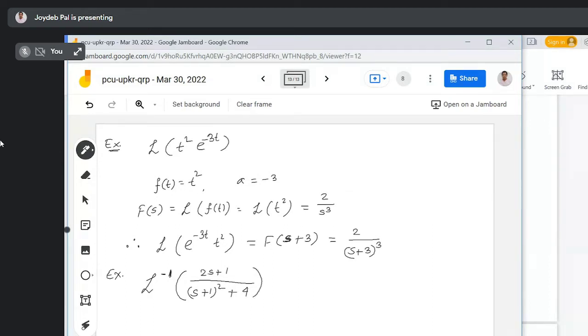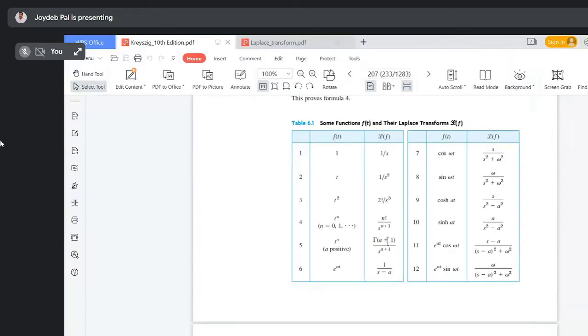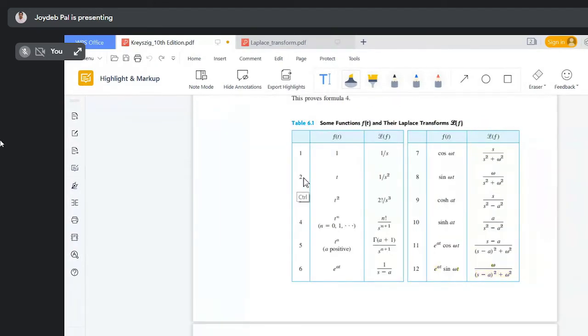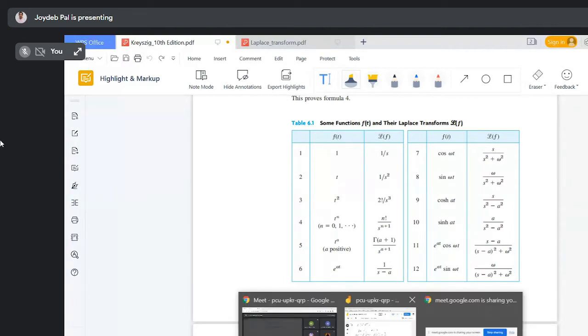How to find the Laplace inverse? Look, only these tabulated forms are there. Laplace inverse means the f of s form, these are all in the table. You can ignore these two, 11 and 12. How to adjust it?